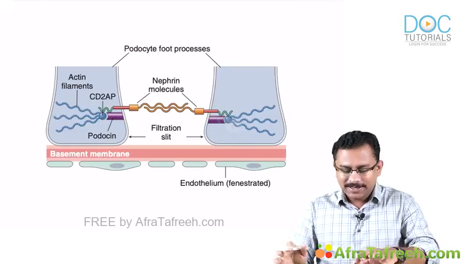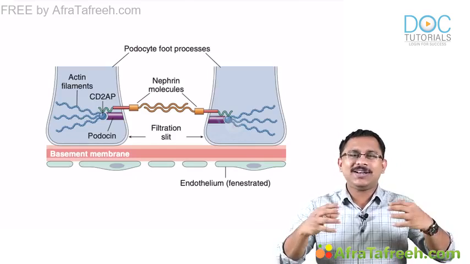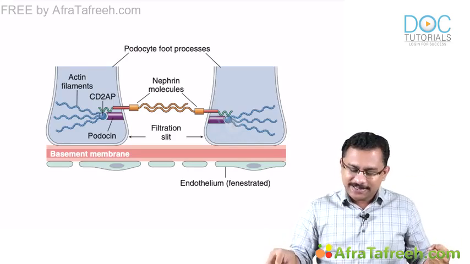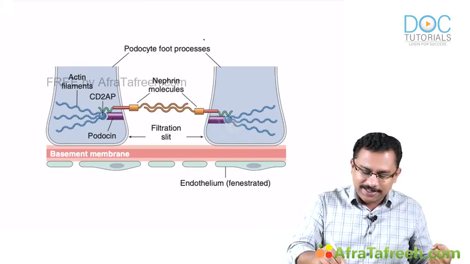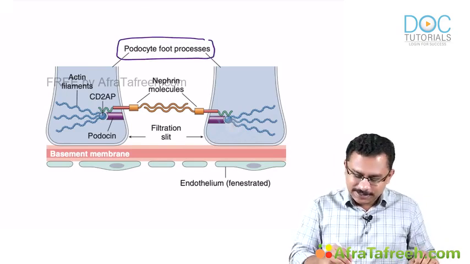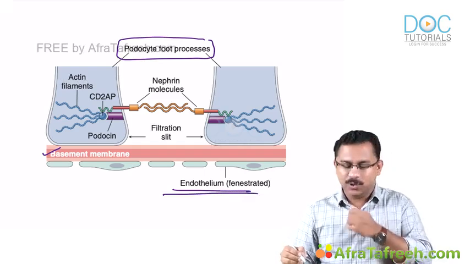Now just a couple of words on the foot processes. Though it is not a component of the glomerulus, it is an important component of the filtration barrier. You see here in this picture, I am showing you the podocyte foot processes, the basement membrane, and the fenestrated capillary endothelium.